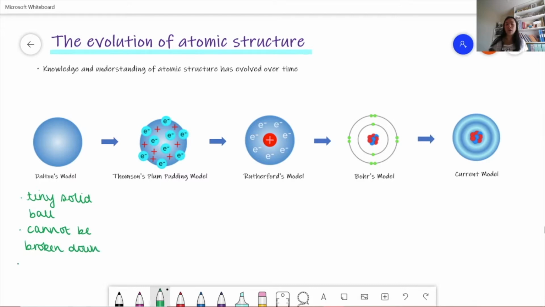And he also thought that all atoms of the same element were all identical to each other.